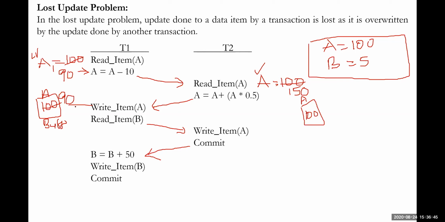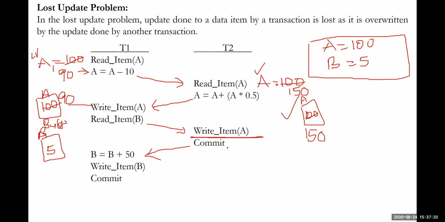Okay. Then again, transaction T2 has done some kind of operation on B. So B has been read, which is 5, from the global location, and then it comes to transaction T2. Write item A: the local area for transaction T2 has been written or overwritten by 150. Now, so far, up to this statement of transaction T2, everything has been done at the local buffer of transaction 2.